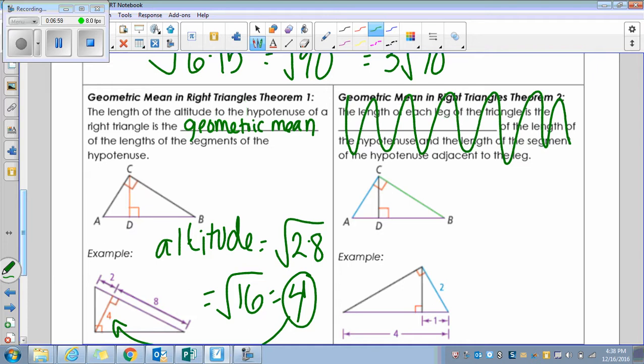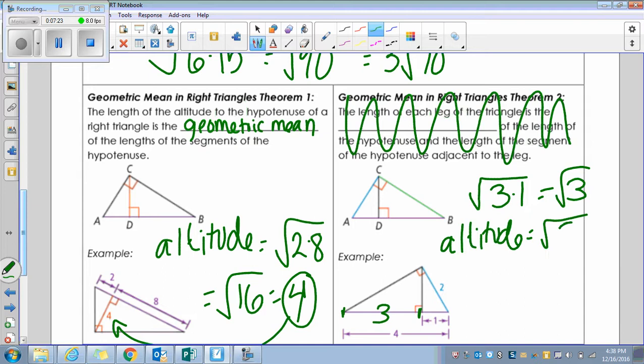So it's split into 1, and since this whole length is 4, we know that this little part from here to here is 3. So my altitude should be equal to these 2 numbers being multiplied together. So we have 3 times 1, and the square root of 3 times 1 is the square root of 3. So that is my altitude, the square root of 3.